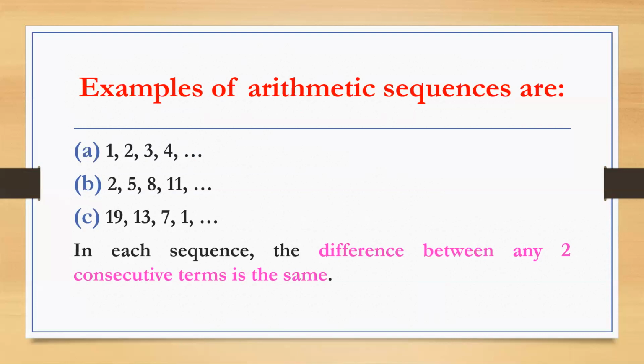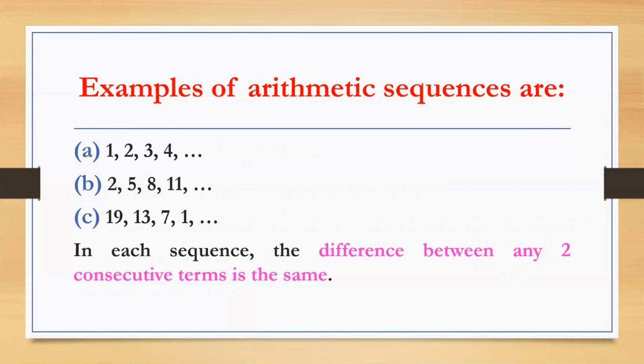Now part C, 19, 13, 7, 1, and so on. What is happening in this sequence? We are subtracting 6 to get the next term.